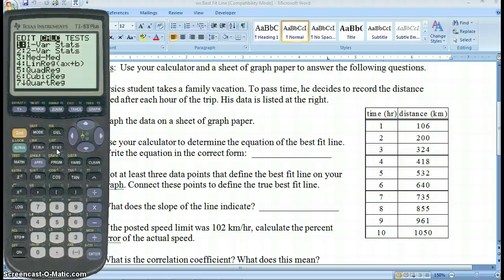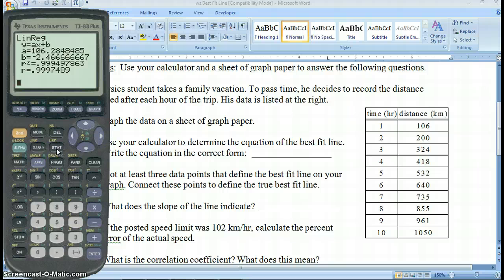So I toggle over to calc. I'm going to scroll down to number 4, linear regression. The linear regression will statistically give you the best fit line, and it'll give you the equation for that line that fits that data the best.